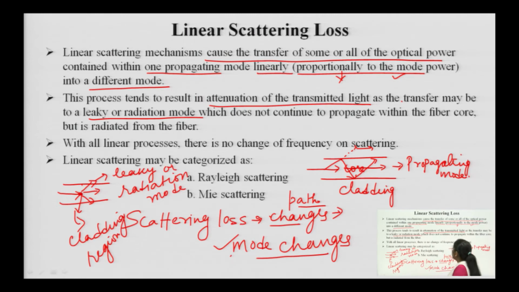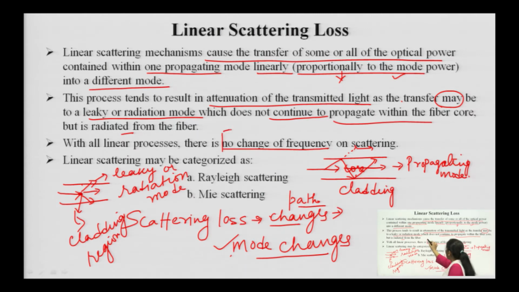The same thing is mentioned here. Attenuation, as the transfer may be to a leaky or radiation mode, which does not continue to propagate within the fiber but is radiated from the fiber. That means if it does not continue to propagate within the fiber, it will not contribute to the propagating mode and will result in a radiation or leaky mode. With all the linear processes, there is no change of frequency.